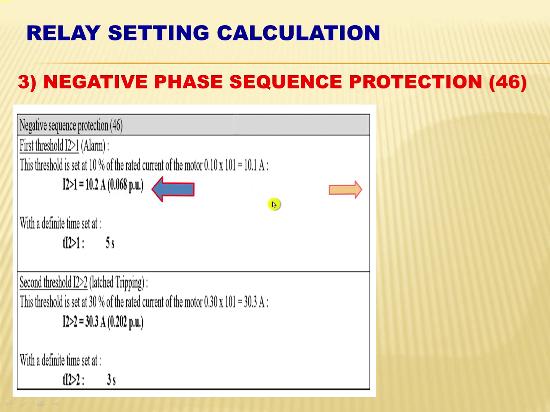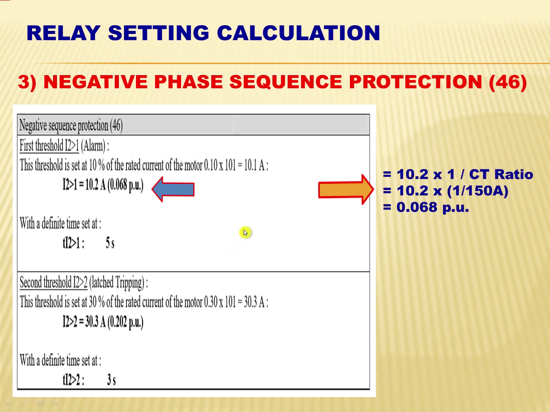So that's why here we have around 10.2 amperes or 0.068 per unit. How is this derived? We'll just multiply the 10.2 by 1 over the CT ratio. Our time setting will be definite time set at 5 seconds.